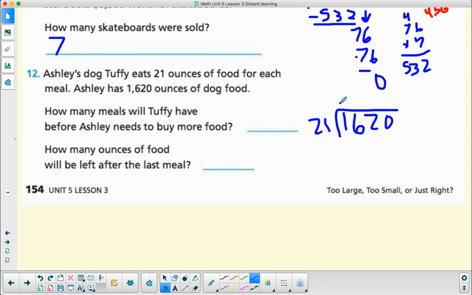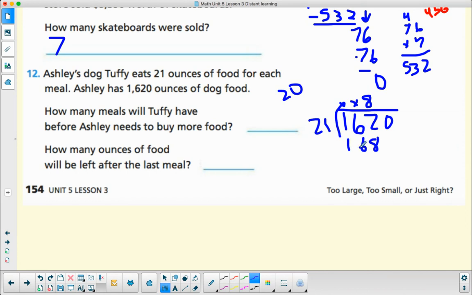So I don't have any 21s in 1 or 16. So I round to 20. Well, that's a 1, so I didn't really round very much. So I'm hoping my estimate should be pretty close. All right, how many 2s in 16? There are 8. So I think there are 8 21s in 162. 8 times 1 is 8. 8 times 2 is 16.